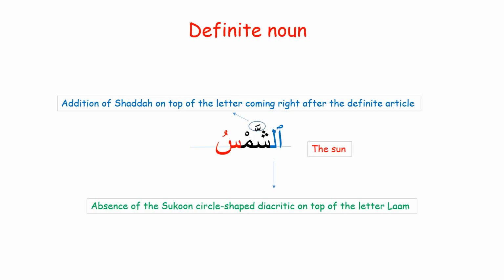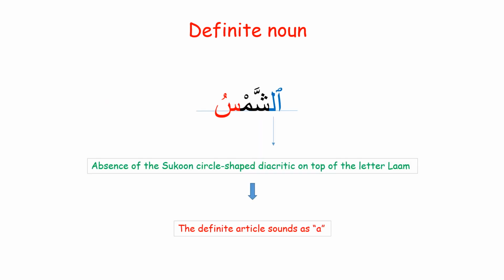Now, before moving on to the pronunciation part, the first difference I would like to draw your attention to is the shadda that has appeared right on top of the letter shin, and the absence of sukoon on top of the letter lam. And that is nothing but our third step mentioned previously. That's on one hand. On the other hand, there is also another difference in terms of pronunciation.